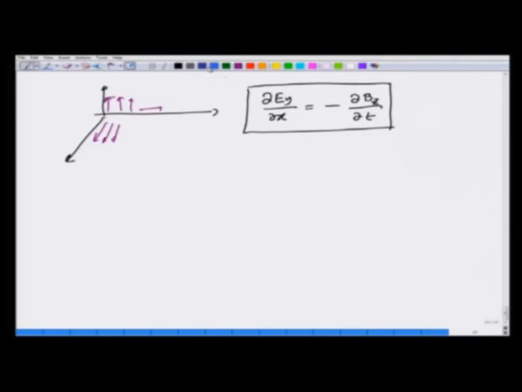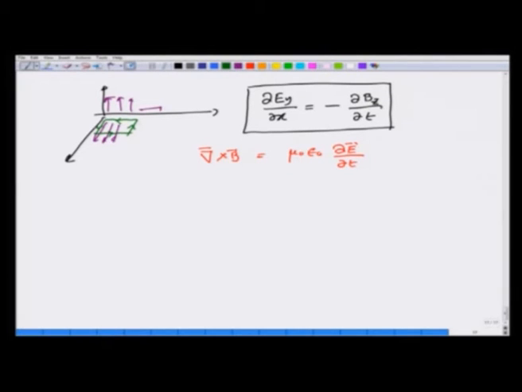Let us now apply the other equation, which gives me curl of B is equal to mu 0 epsilon 0 dE dt. Remember, this is coming from the displacement current. For this, I will take a rectangle in the x z plane here and traverse it counterclockwise.